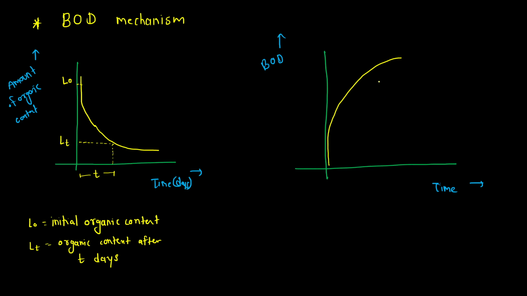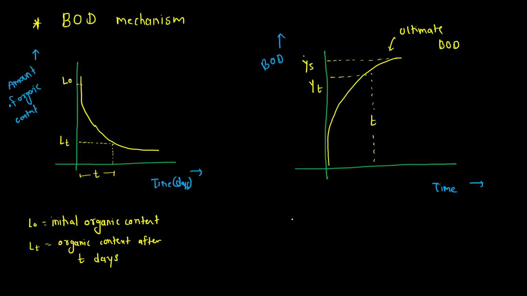So after 5 days, let's say the ultimate level of the BOD is called Y5, or this is called the ultimate BOD, that is the maximum BOD. And after time T, the value is this one, that is YT.